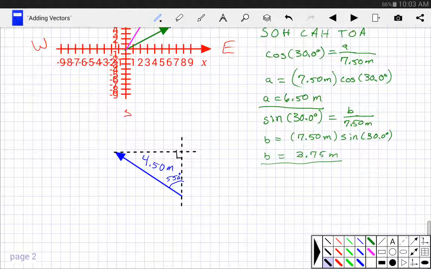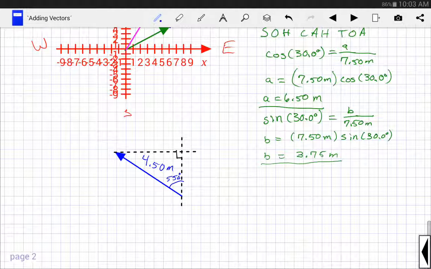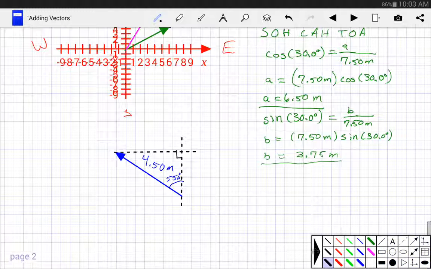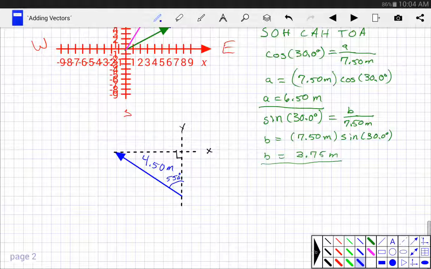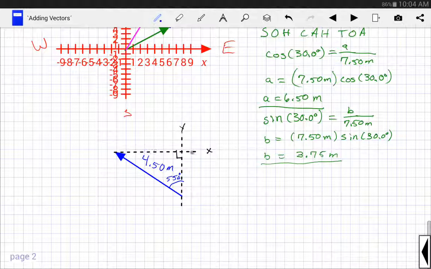Now if you look at this, first thing I'm going to do is identify which side is the x component, which side is the y component. Just like before, I am identifying the horizontal direction as x, the vertical direction is y, and so that means that this horizontal line is my x component, the vertical line is my y component.